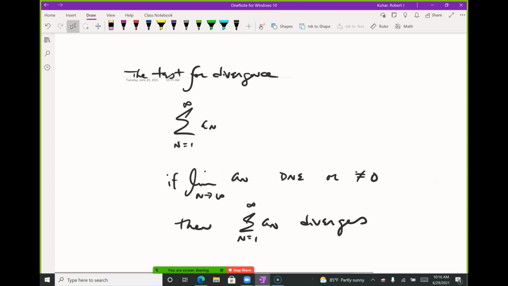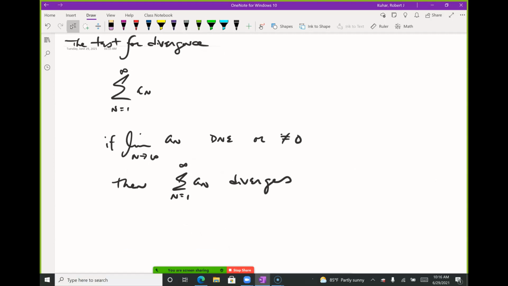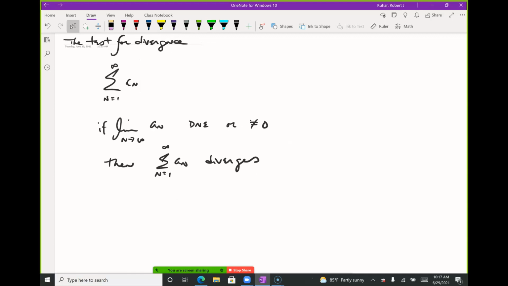So it's often nice to do that limit right away before you try to do this horrible partial sums thing. If you jump right to partial sums, this thing could turn into such a mess.